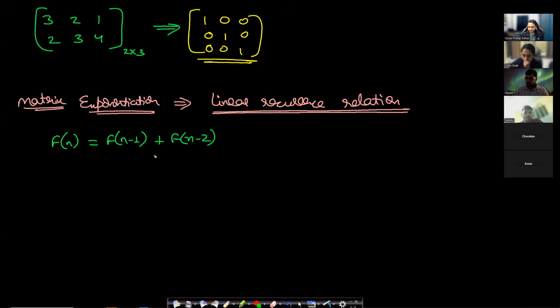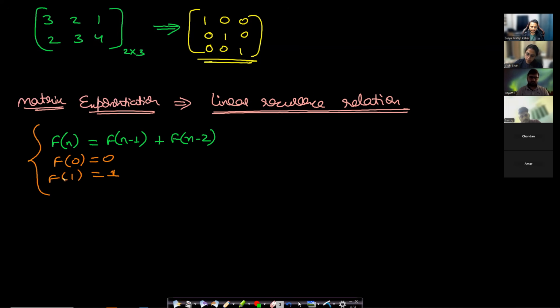You can have some constant multipliers, you can have some additions, but it will not affect anything. It should have some base values as well. Whenever you have a problem, you will always get some base values, or you can always derive the base values. So what is f of 0? It is 0. F of 1 is 1.